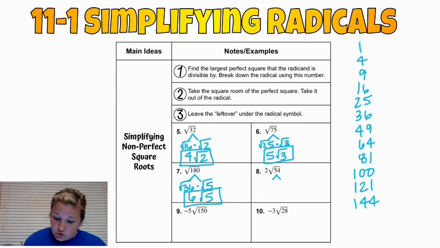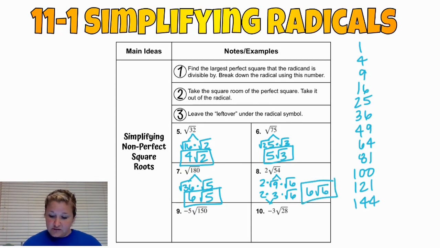So I'm going to have 2 times the square root of 9 times the square root of 6, because 9 is a perfect square. So I have 2 times the square root of 9, which is 3, times the square root of 6. Then I would multiply these two numbers together, and that would give me 6 square root of 6. And that's how we would simplify that.